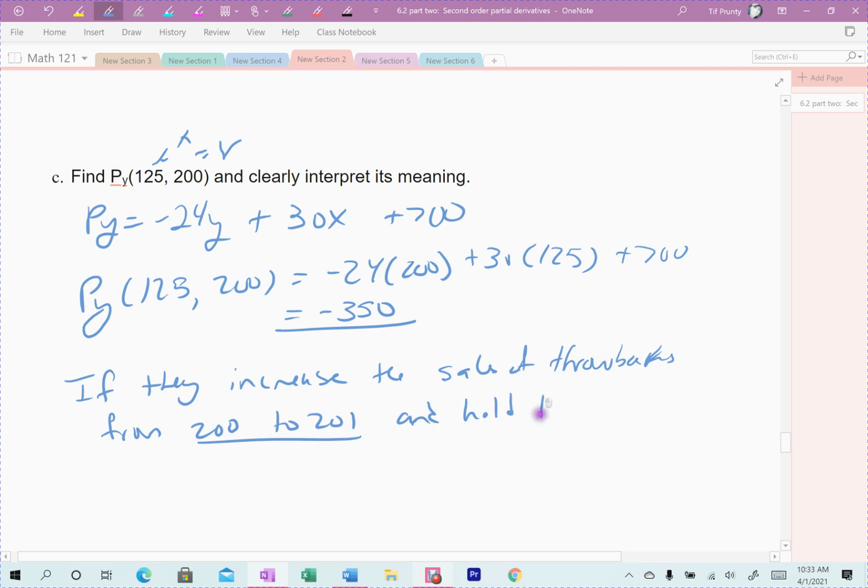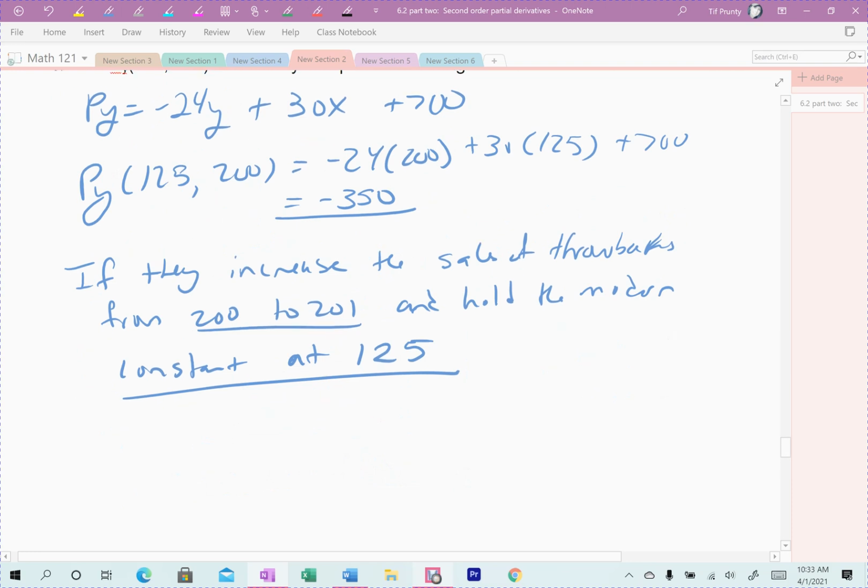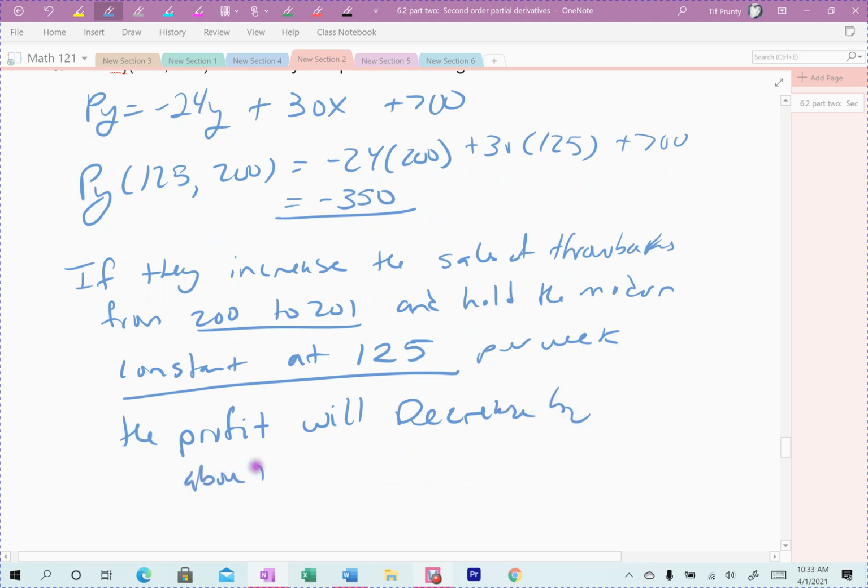And hold the modern constant, not just constant, but constant at a specific value, 125 per week. Then profits will decrease by about 300, for whatever reason. Maybe it's a cost efficiency thing.